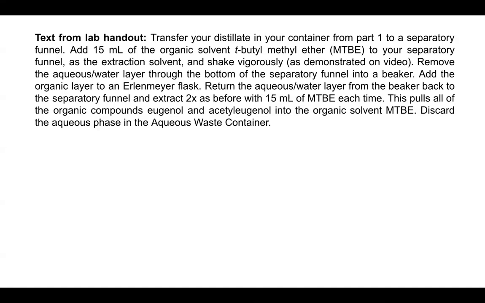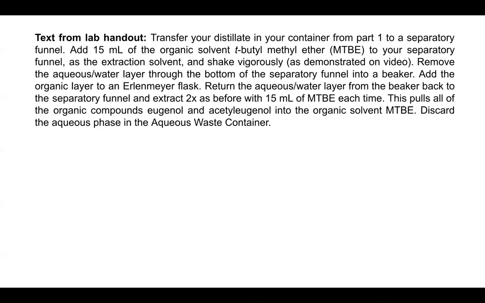So I took this text from one of your lab handouts. As I'm reading it, make note of which sentences are relevant procedural ones and which are more for you as an organic chemistry learner. Transfer your distillate in your container from part 1 to a separatory funnel. Add 15 mL of the organic solvent methyl tert-butyl ether, MTBE, to your separatory funnel as the extraction solvent and shake vigorously as demonstrated on video.